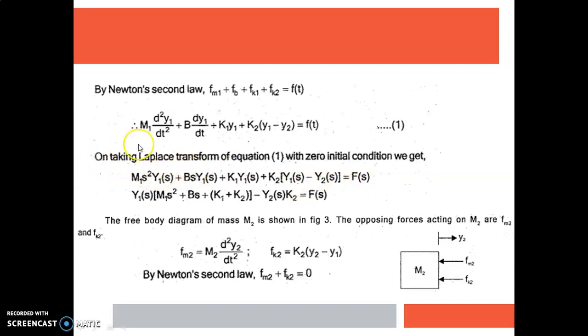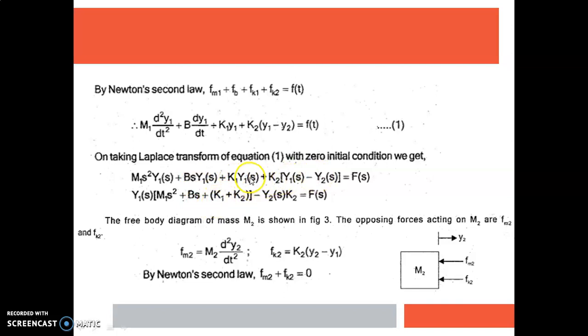So as in the previous problem, we have grouped y1 of s and y2 of s. In that case, it was x1 of s and x of s. So here we will group these. That means take y1 of s outside: m1 s square plus bs plus k1 plus k2.